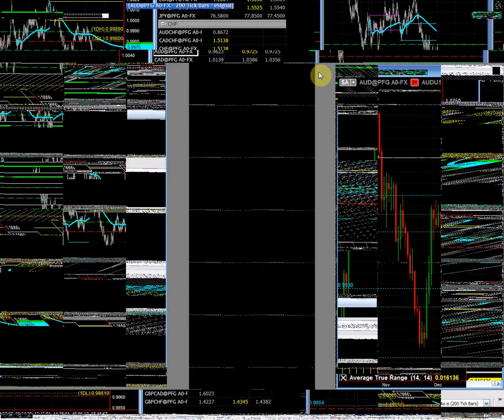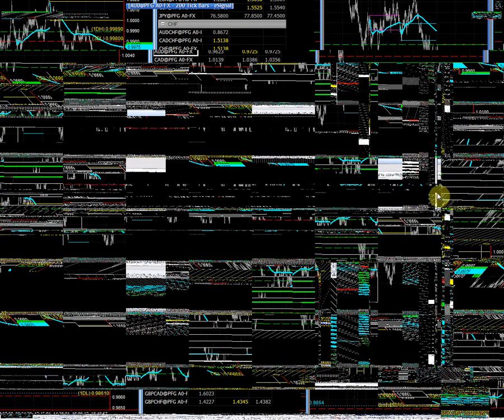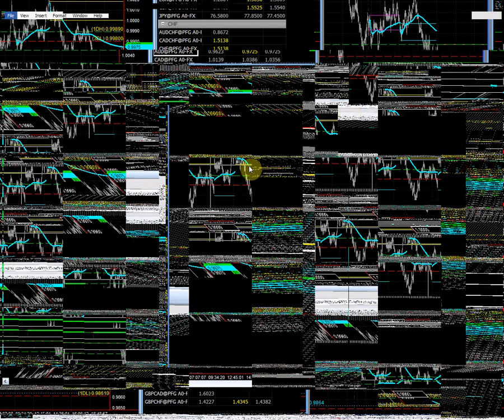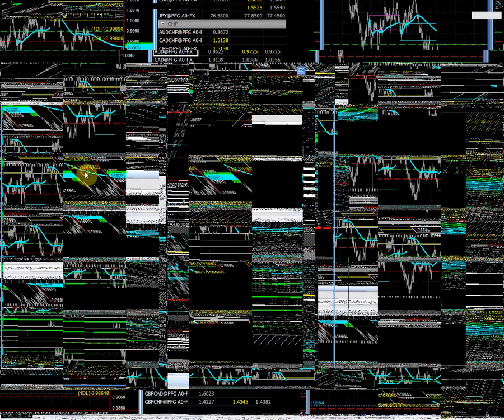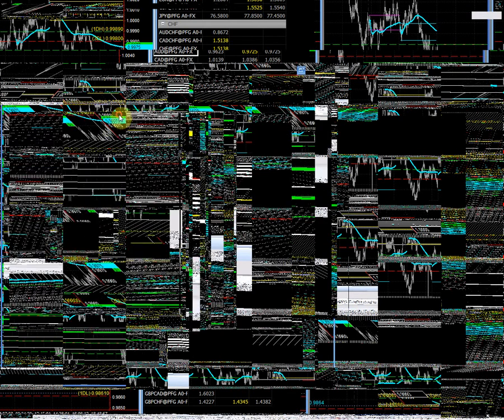So these entry points would be, we should take the Aussie dollar above 100.29. So our buying signal will be 100.